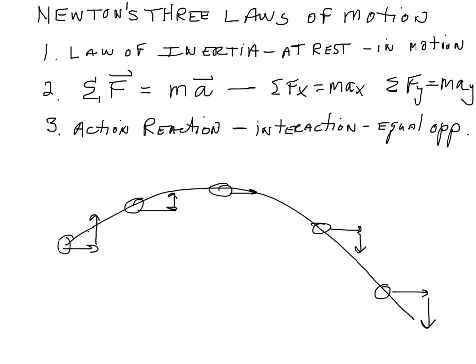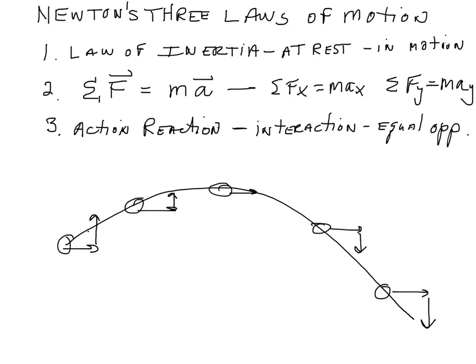And the second law describes that relationship, and the second law is usually written down as an equation. So notice it doesn't just say F equals ma. It says the sum of the forces, the sum of the vector forces, equals the mass times the acceleration, which is a vector.